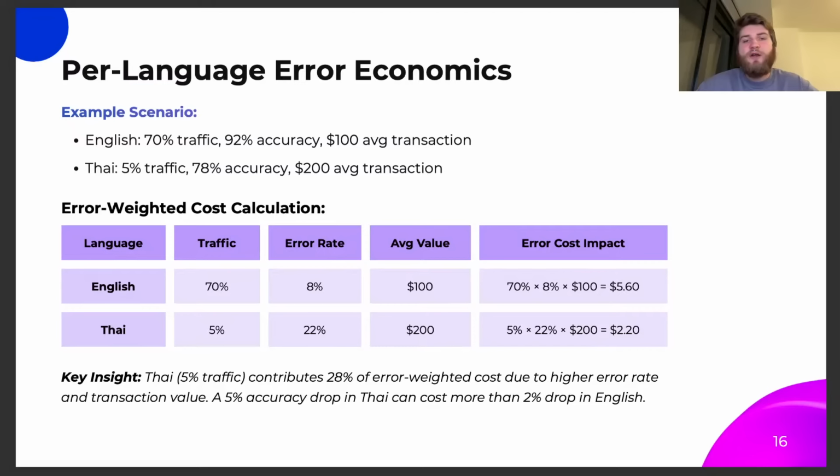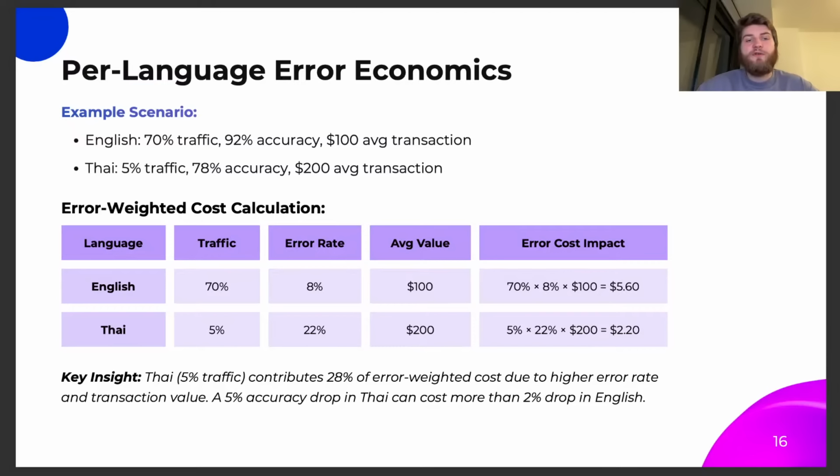Thai, 5% more errors on 5% of traffic equals 0.25% more errors overall, but each costing roughly $200. So the Thai accuracy drop has a disproportionate business impact relative to its traffic share. That's why per language accuracy monitoring matters, and it's why your optimization strategy should be language aware.